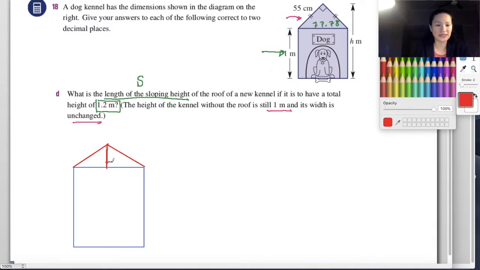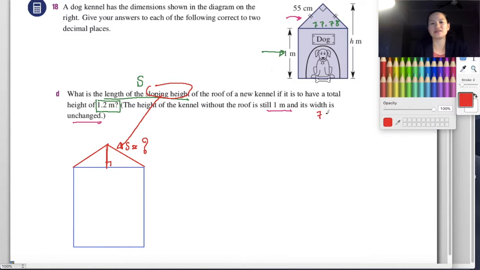What do they tell you? They want you to find the new slope height, this one. And what you know from the information is that the width is unchanged.